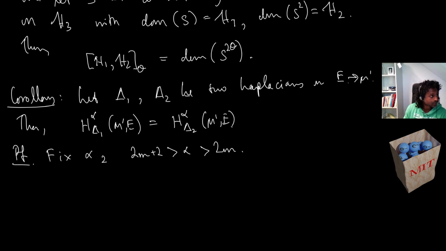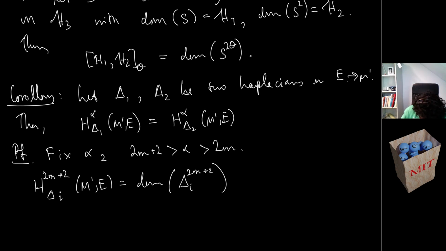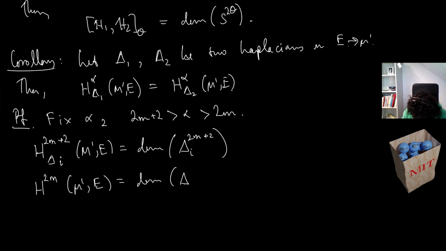From elliptic regularity, we already know that H^{2m+2}(Δ_1; M', E) is equal to dom Δ_1^{m+1}, and H^{2m}(M', E) is equal to dom Δ_1^m.